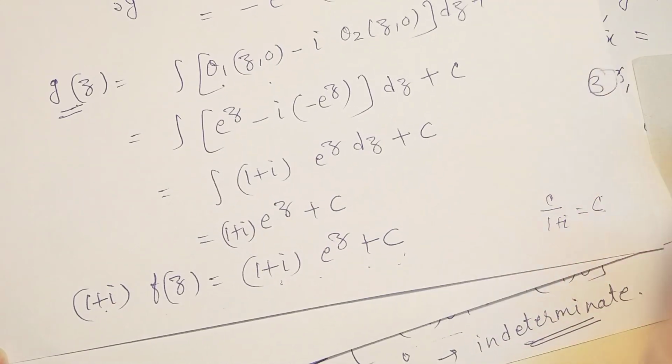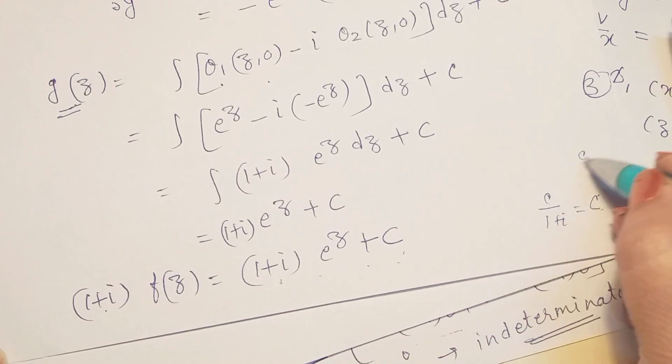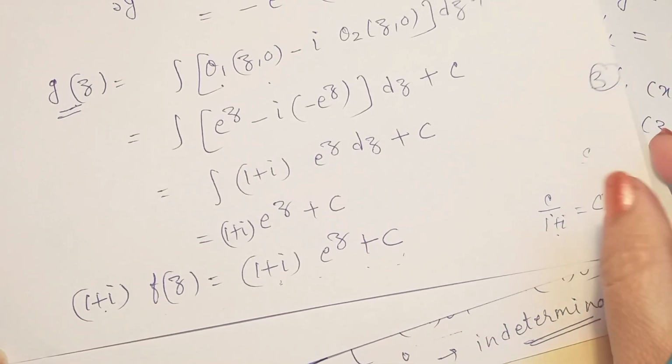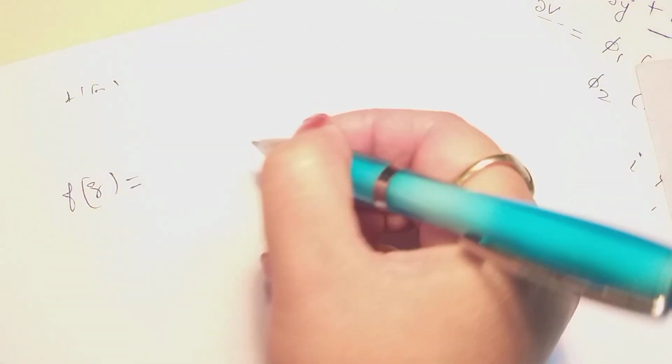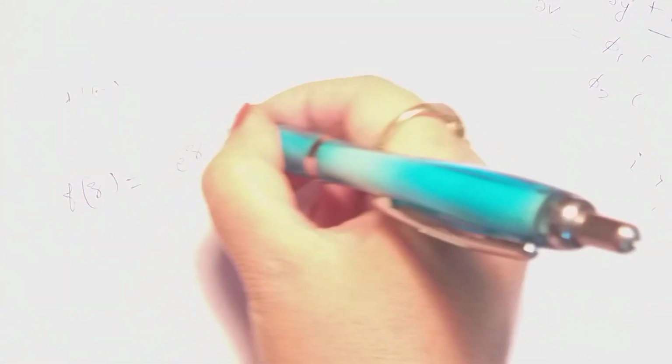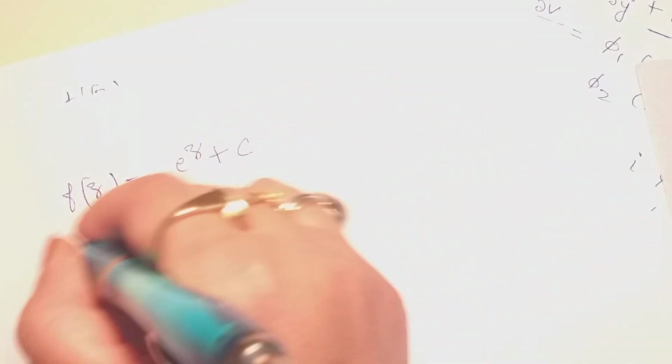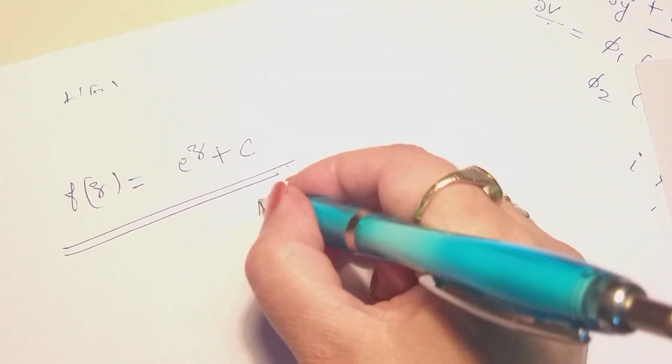It hardly matters because c by 1 plus iota is again a constant value. So what will be our function? Our function will be f(z) is equal to e to the power z plus c. So it is our answer.